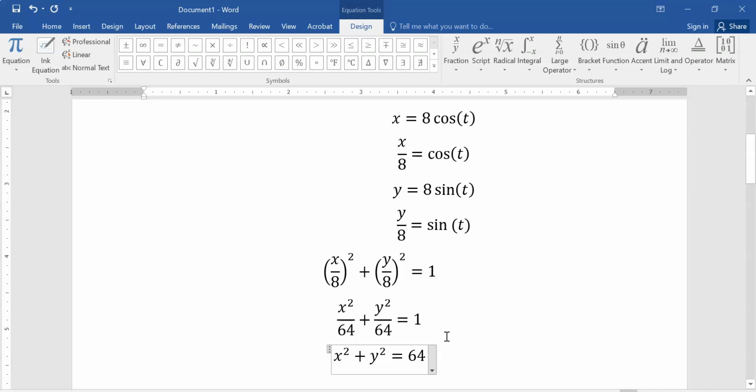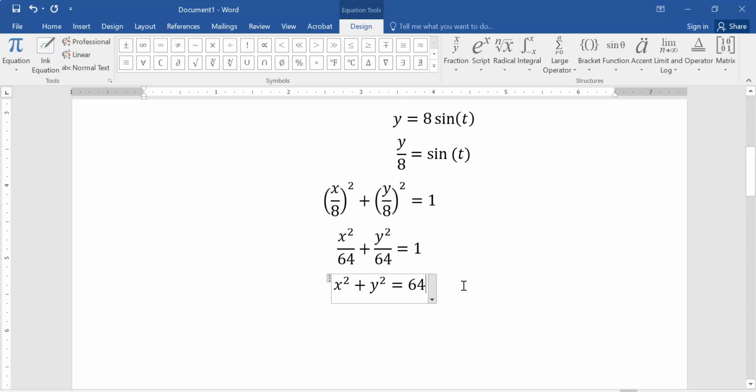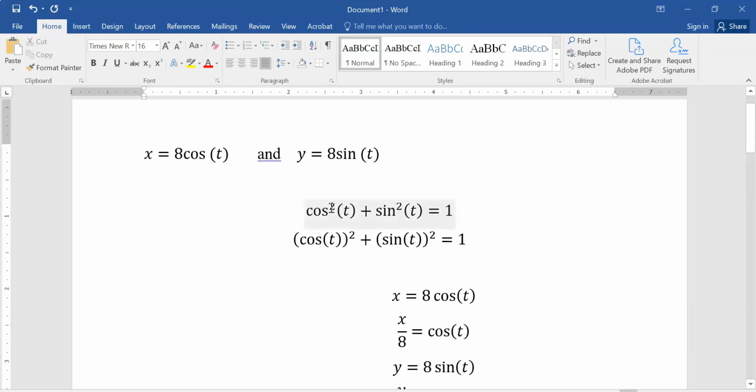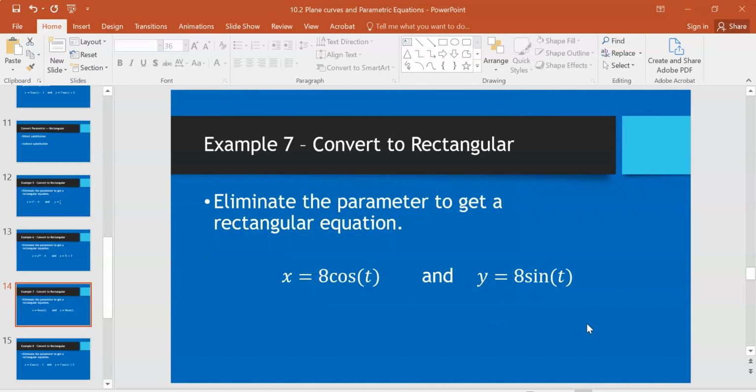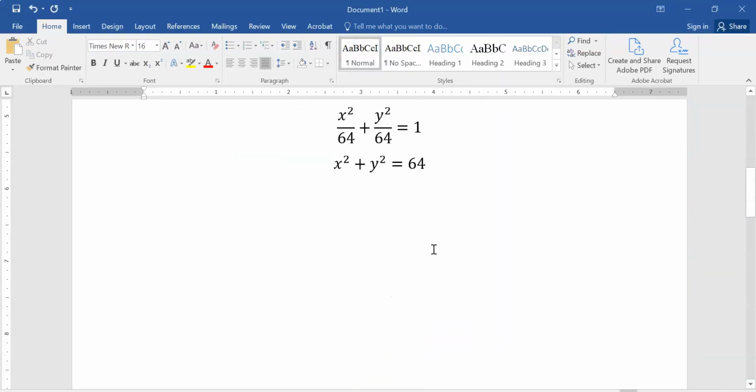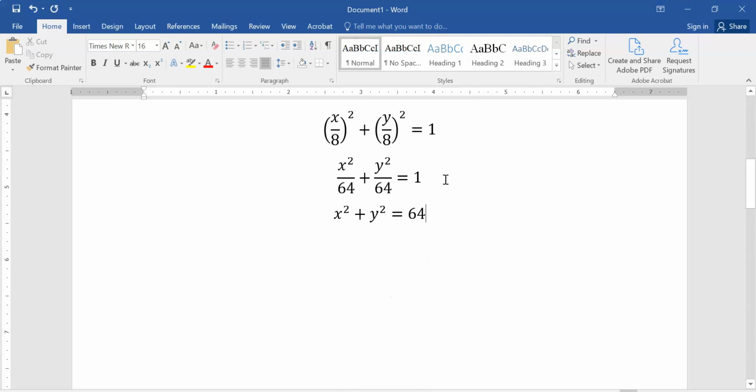So there you go. And now you can see why when we graphed those parametric equations, they had to be a circle of radius 8. Because of this trig identity, cosine squared plus sine squared equals 1. All right. And by the way, I forgot to mention this, but I tend to leave equations in the way I know them best.